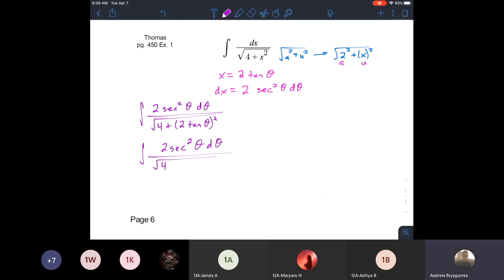So we're going to get 4 plus 4 tangent squared. I'm going to go ahead and factor the 4 out.